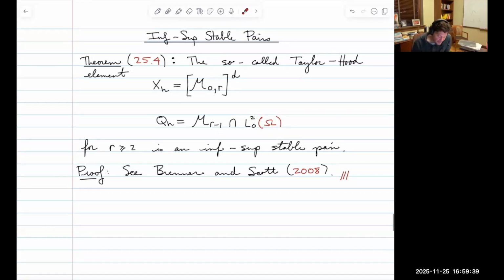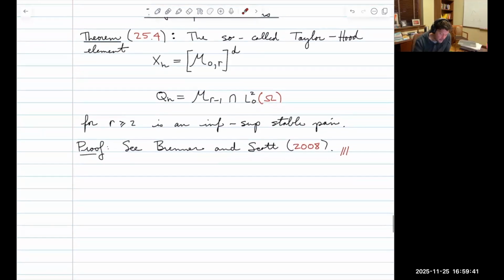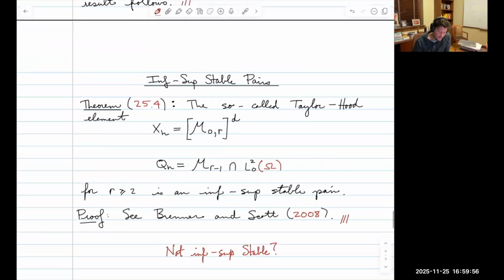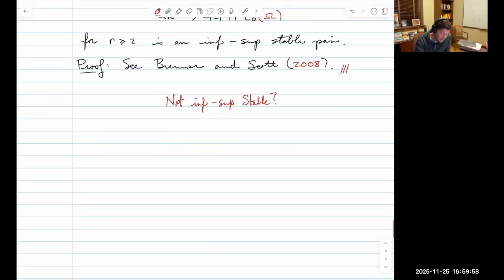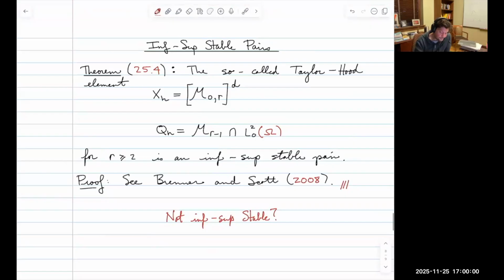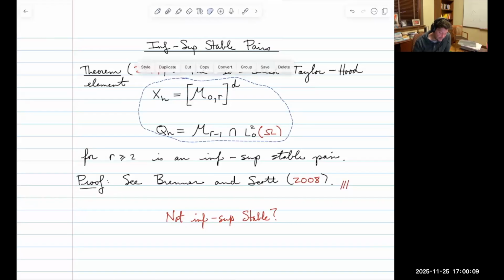So what pairs would not be inf-sup stable? Okay, so not inf-sup stable pairs. Well, say we can make this easy, there are lots and lots of pairs which aren't inf-sup stable.